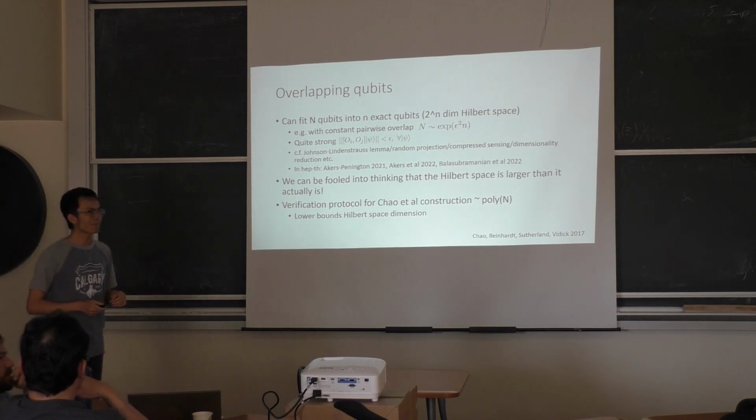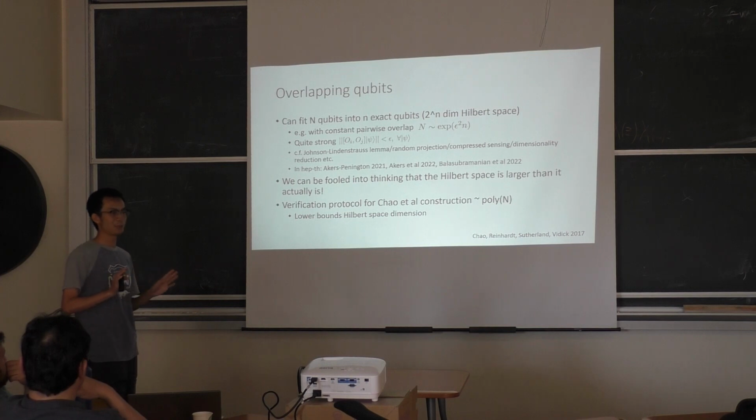So isn't the statement that you can only fit simple states of these big N qubits into little vectors? Yeah, right now we don't have simple or complex. We're fixing a particular state here. Sorry.